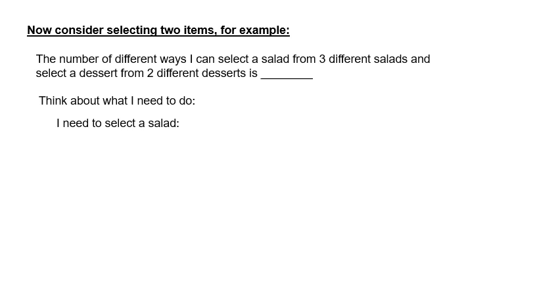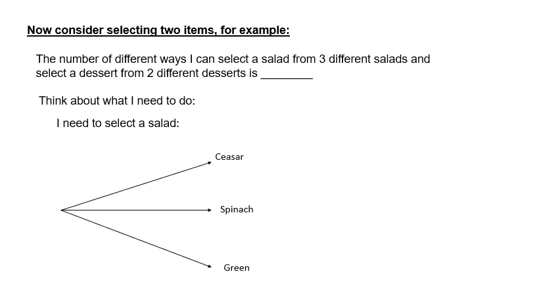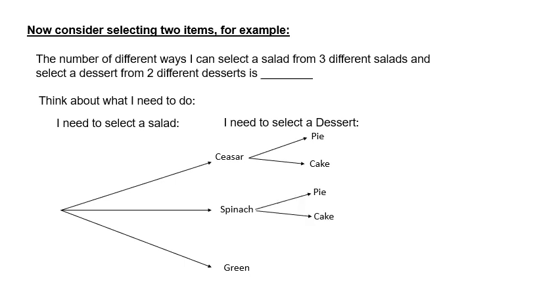So maybe my choices are a Caesar, a spinach, a green salad. But once I select my salad, I still have to pick my dessert, and maybe my dessert is between a pie and a cake. If I went for Caesar, I could go for the pie or the cake. If I went with the spinach, I could go with the pie or the cake. If I went with the green, the pie or the cake could be my choices.